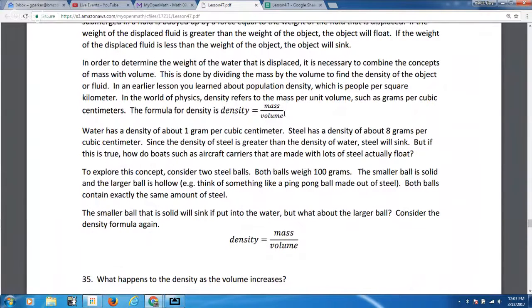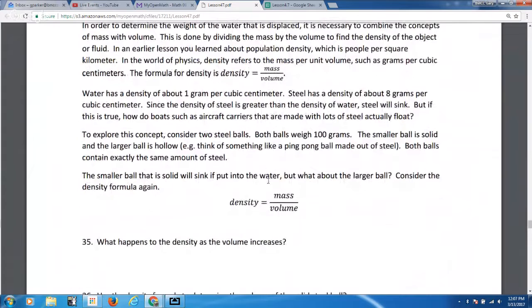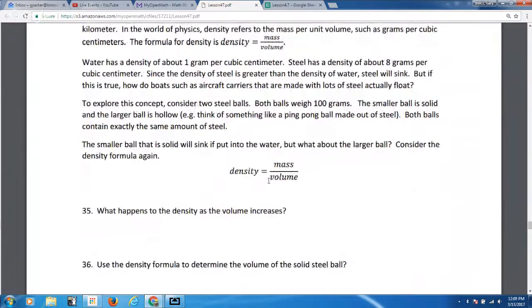So for example, consider a ball of wood versus a ball of metal, and both are solid. There's more material packed tight into the metal, and the wood has more space on the inside of it. And so the metal has a higher density than the wood. So we have this relationship here that density is equal to mass over volume. We're going to play around with that a little bit on paper and on a spreadsheet.